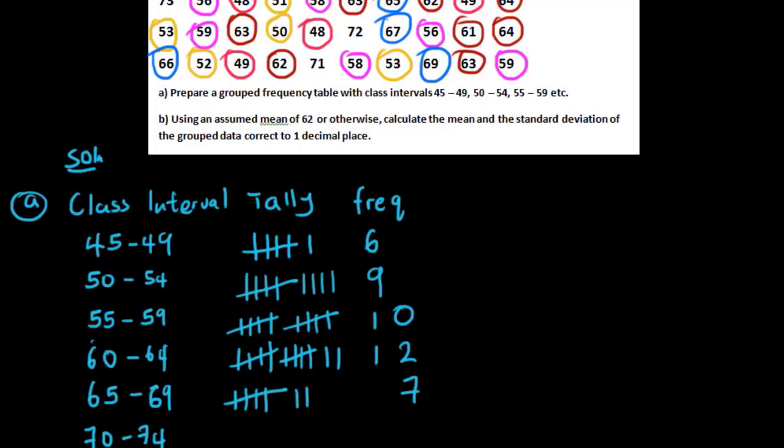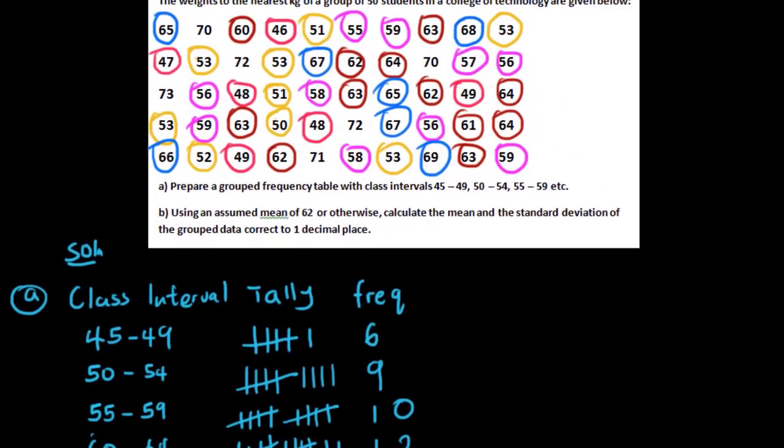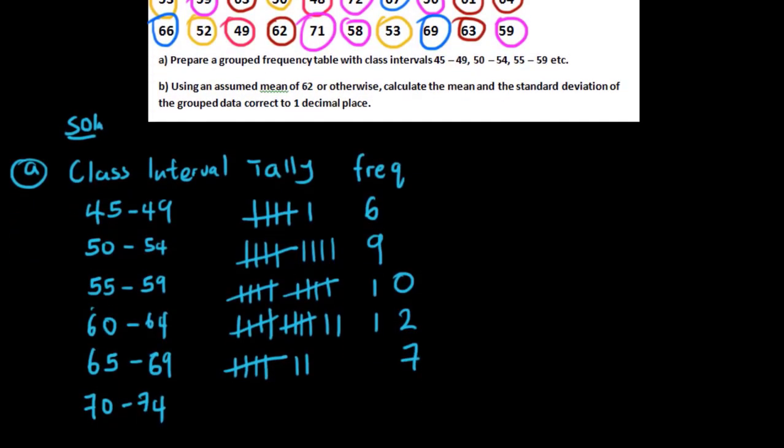Then lastly, we have 70 to 74. We should have 1, 2, 3, 4, 5, 6. So we've got 6 of them. So we'll be having 1, 2, 3, 4, 5, 6.